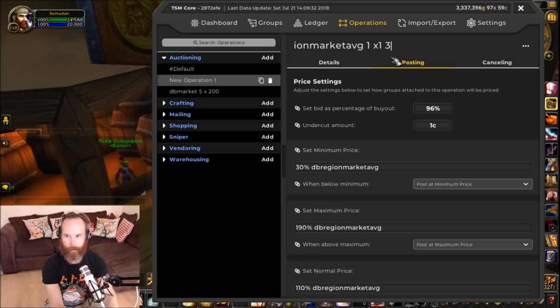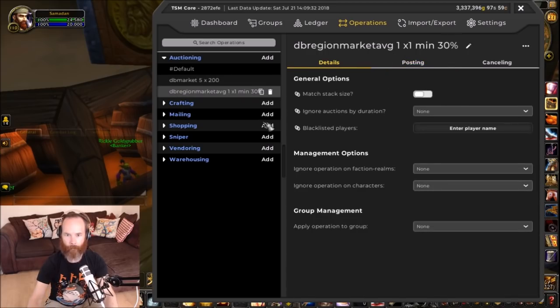So I'm going to put that in as a reminder that it's going as low as min 30%. Gets a bit long these sometimes, so maybe you could just edit that down to be a little bit shorter and just say region average, like so.